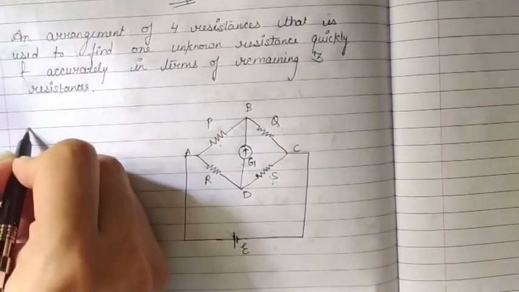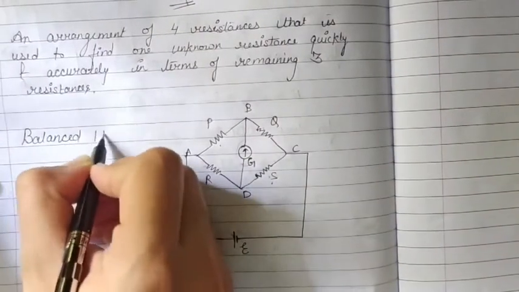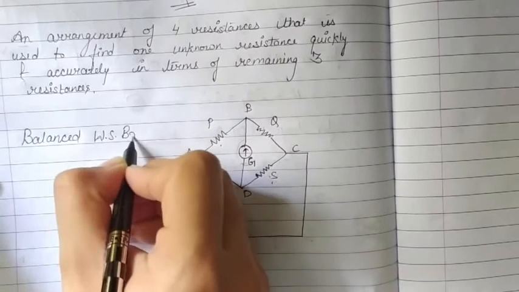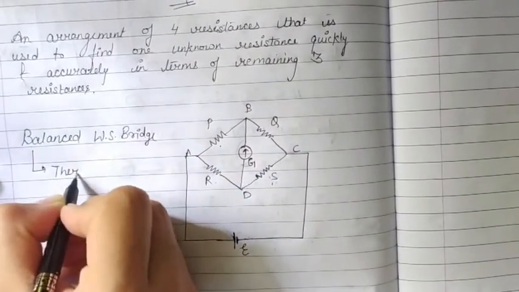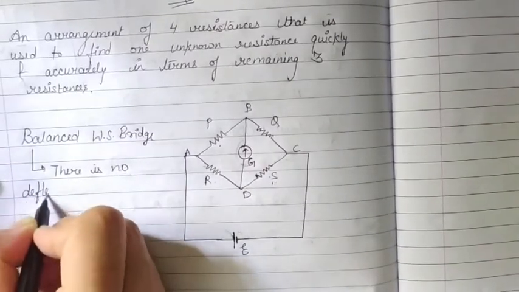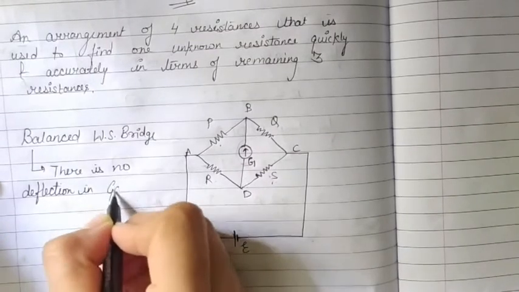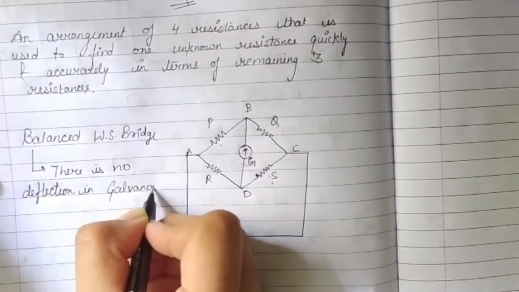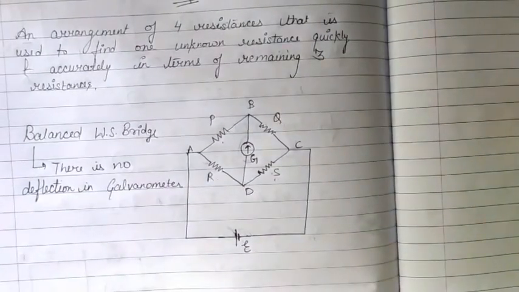Balanced Wheatstone bridge का मतलब है there is no deflection in galvanometer, right? In galvanometer means galvanometer में कोई भी deflection नहीं है.